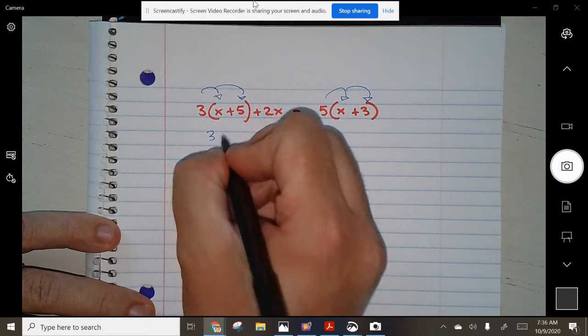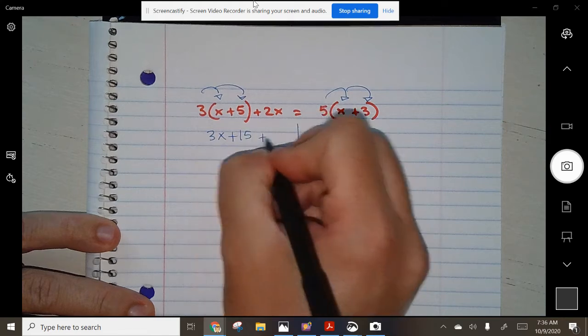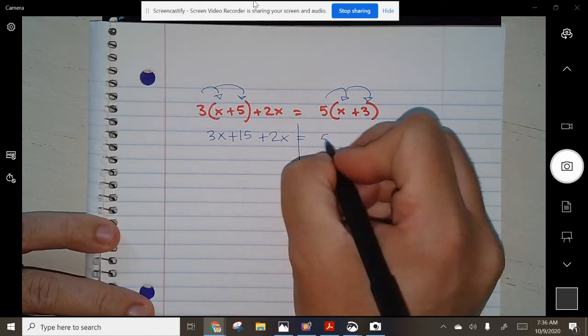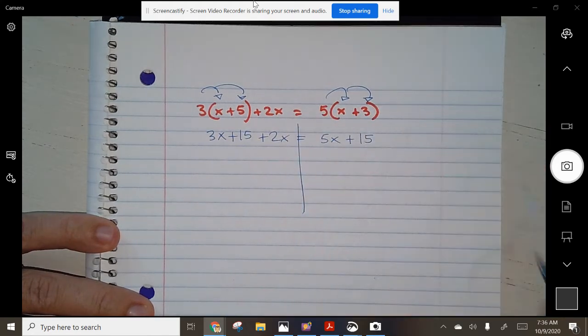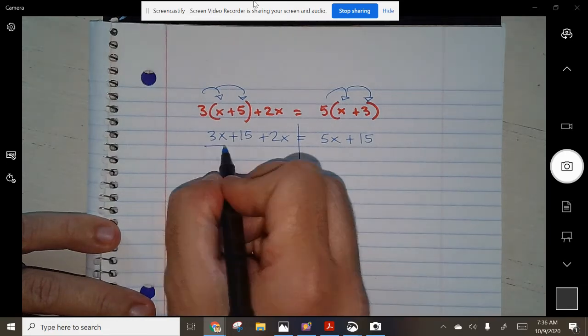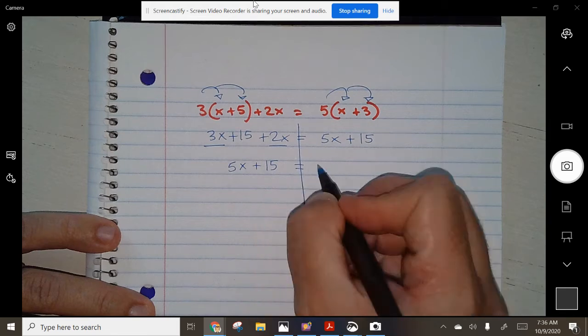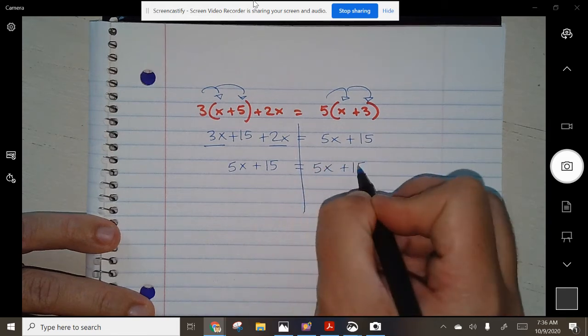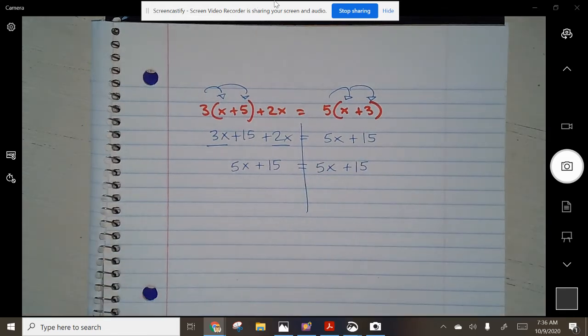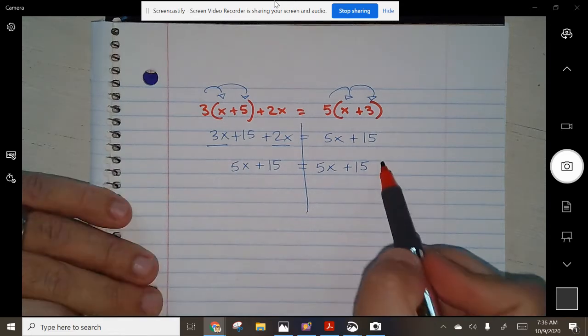Okay. 3x plus 15 plus 2x equals 5x plus 15. Then combine like terms. 5x plus 15 equals 5x plus 15. I'm okay at this point if you wanted to stop.